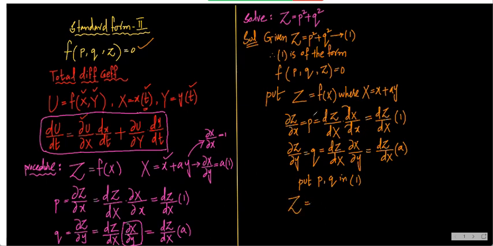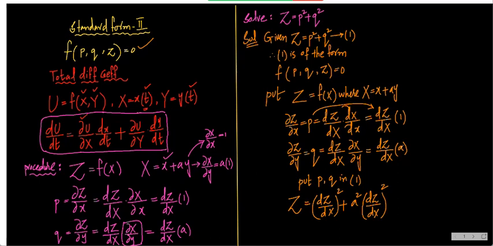The value of p is this one, so dz by d capital X whole square plus q value. Q value is, if I want to write direct step, a square into dz by d capital X, again this is also whole square.